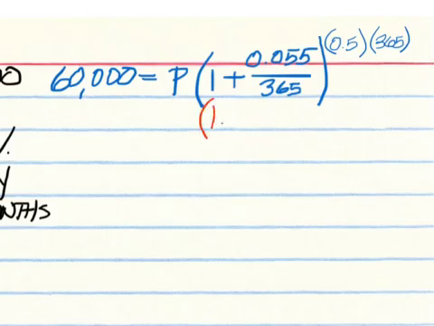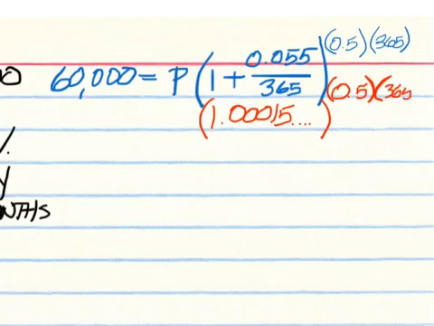That would be 1.00015, and it keeps going out. We need to take that to the 0.5 times 365 power. And of course we still have P and then the 60,000 out here.